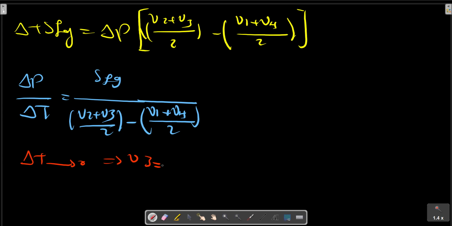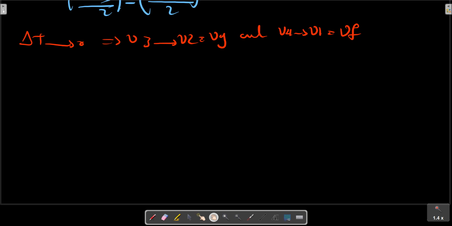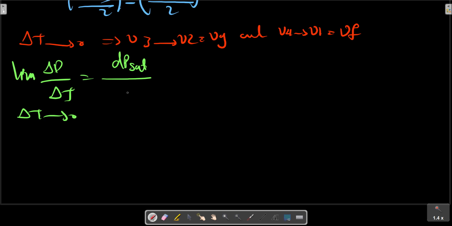V3 equals V2 and V4 equals V1, that is Vf. In the limit, delta P on delta T tends to dP saturate on dT.